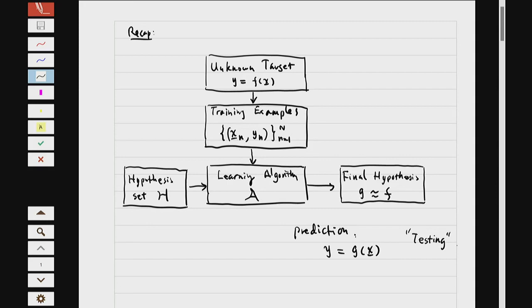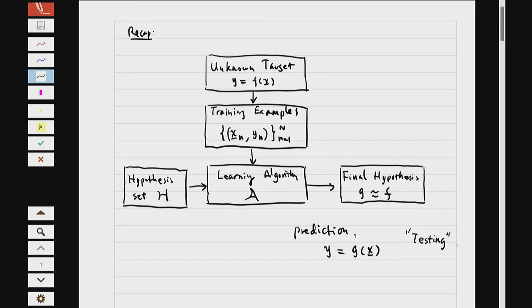This f function maps the input features x to an output label y. We don't know what this function is, and we want to train the machine to learn how to do the mapping from x to y.